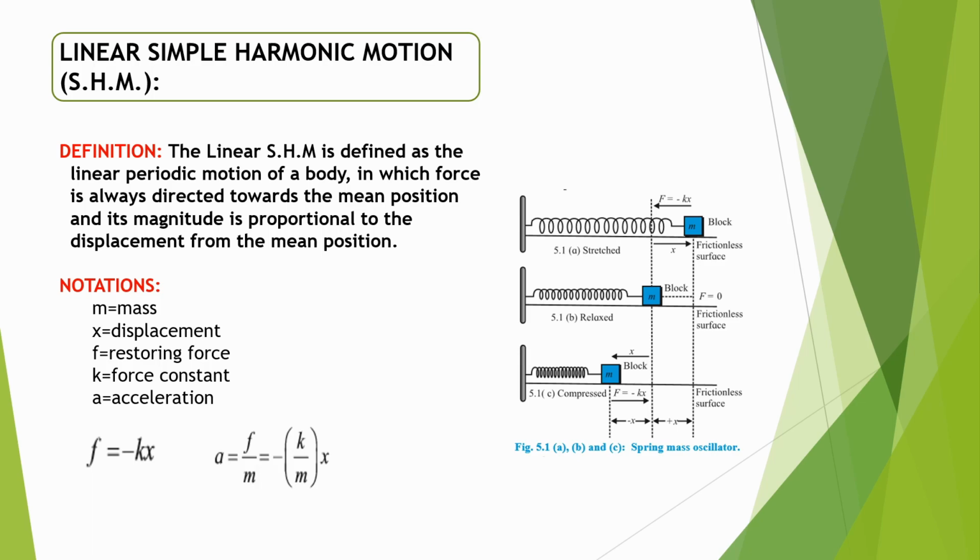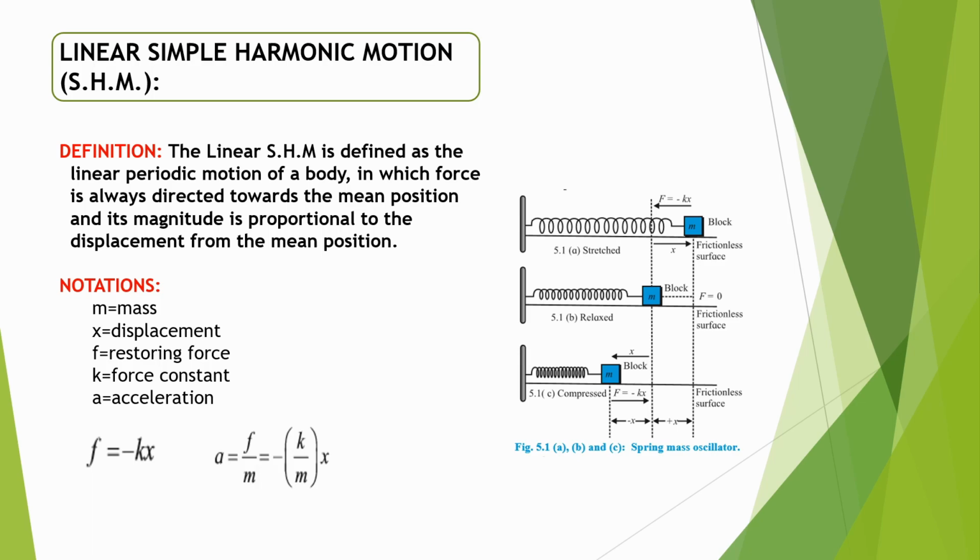In that case we again find that the acceleration is directly proportional to the displacement, and they are in opposite directions. Why? Because k, the force constant, and m, the mass of the block, are both constant. So k/m is constant, and the acceleration is directly proportional to the displacement, in the opposite direction.